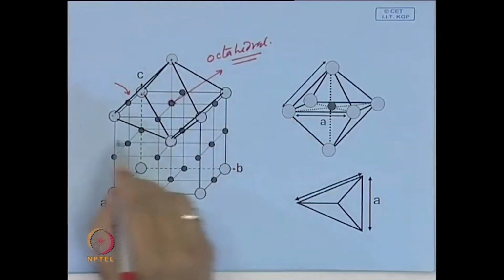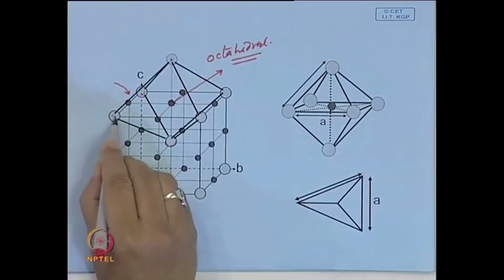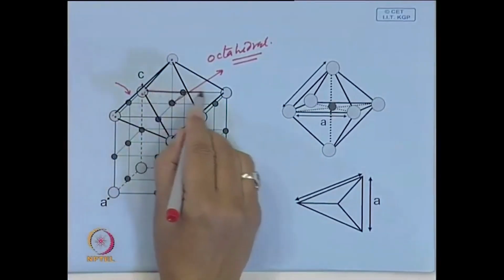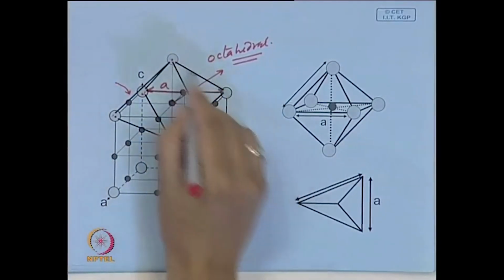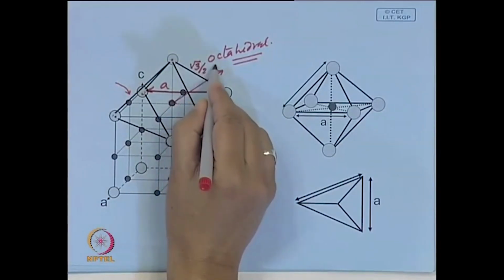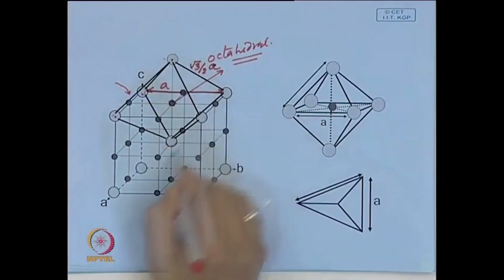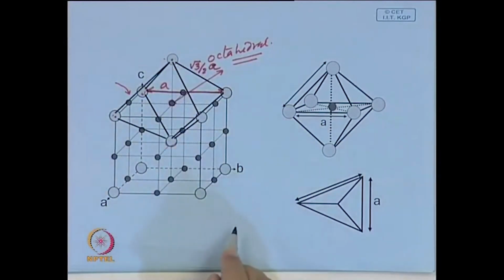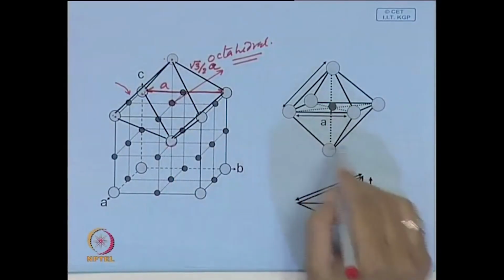These faces are not necessarily identical; see, this dimension is a, whereas this dimension is root 3 by 2, which is half of the diagonal, and this is shown over here in the diagram.